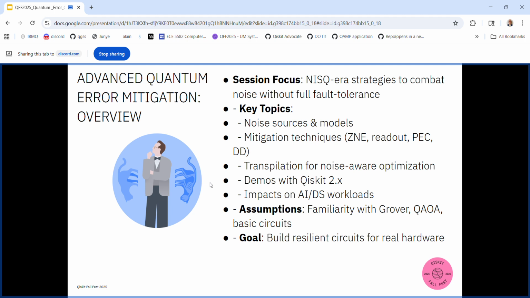There's also transpilation. Transpilation is kind of a strange word that a lot of people aren't familiar with, but this is what that Qiskit IBM runtime does for us. And remember that we're developing these quantum circuits that are an abstraction.